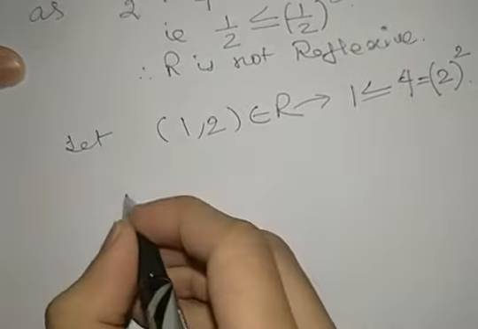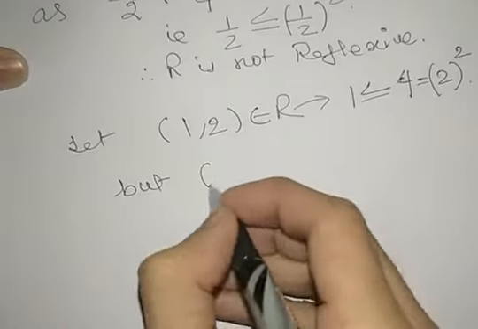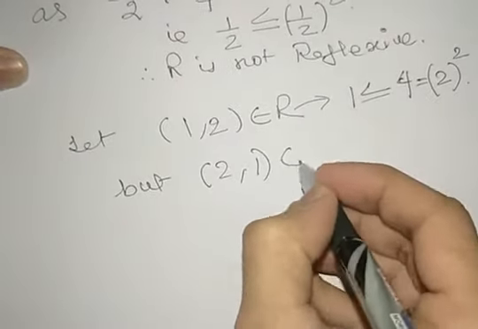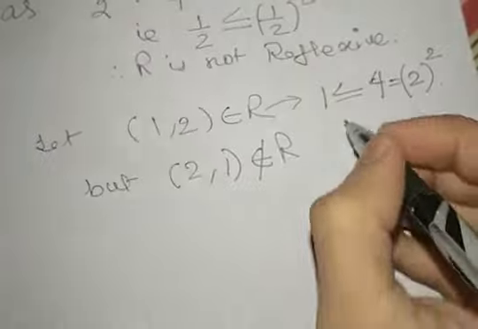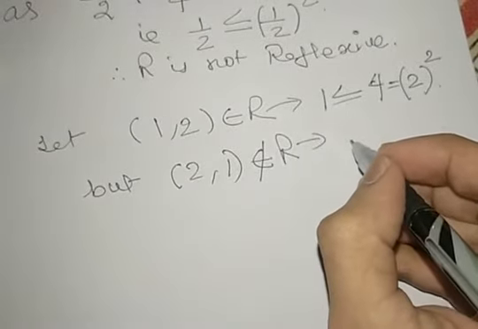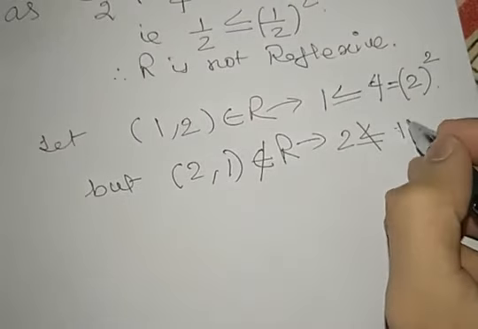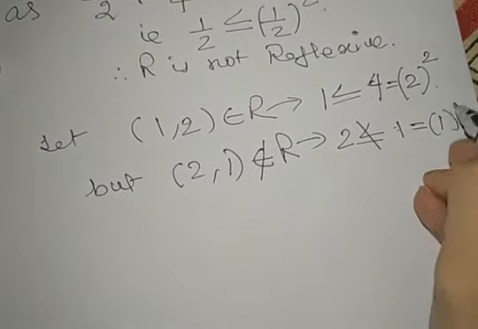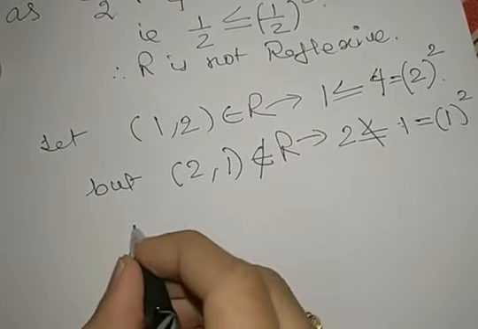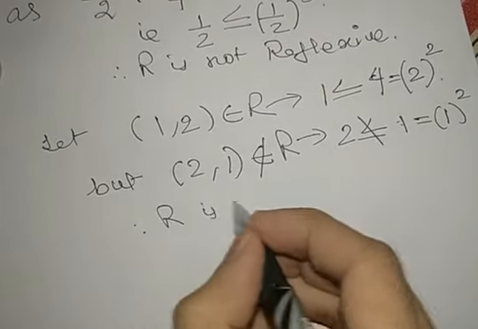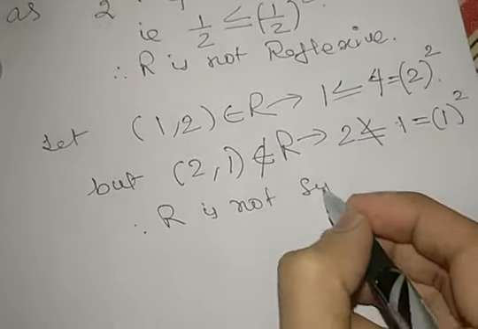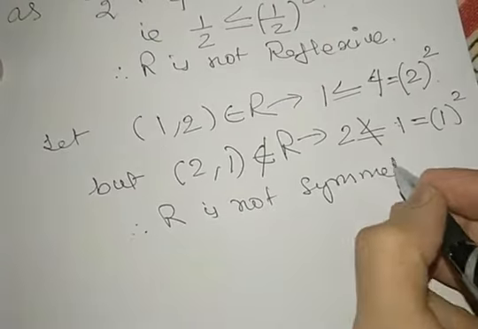But 2, 1 doesn't belong to R, because 2 is not less than or equal to 1, which is 1 square. So therefore R is not symmetric.